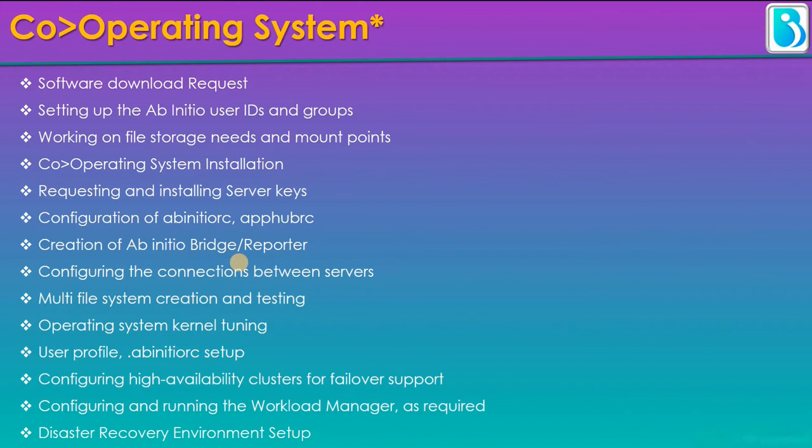As part of co-operating system administrative tasks, we start with the software download request, how we set up the Ab Initio user IDs and groups, working on file storage needs and mount points, and co-operating system installation: how do we install the co-operating system, requesting and installing the Ab Initio server keys to activate the server software, and configuration of the Ab Initio RC, AppHub RC, and any other configurations required in order to work with Ab Initio.